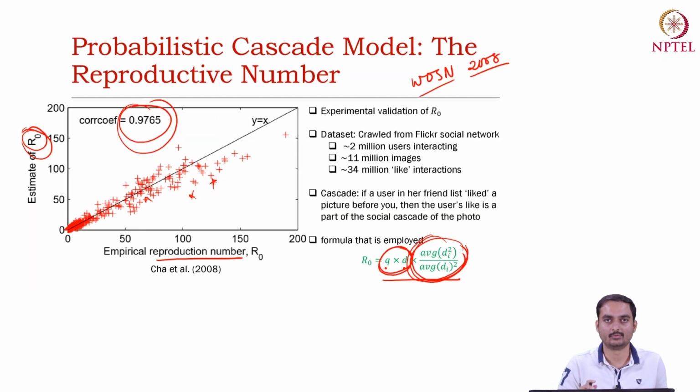So we stop here. In the next lecture, we will discuss some other epidemic models, SIR model, SIS model, which are primarily taken from standard biological epidemic growth models.